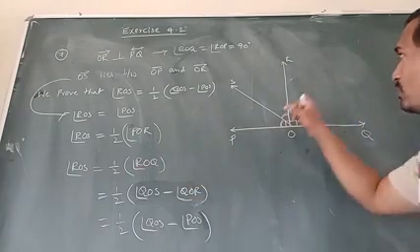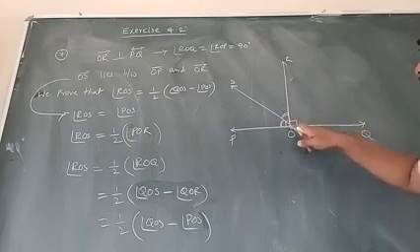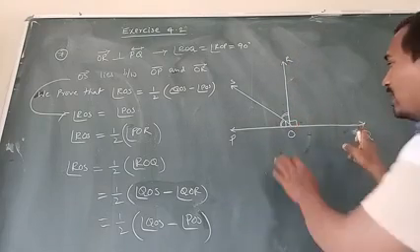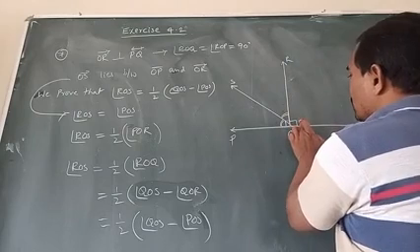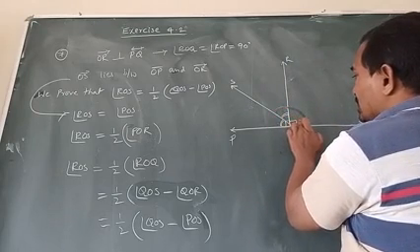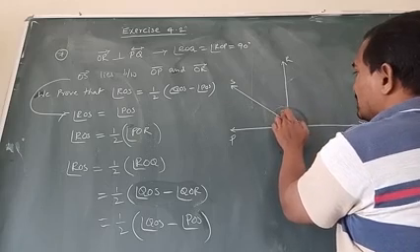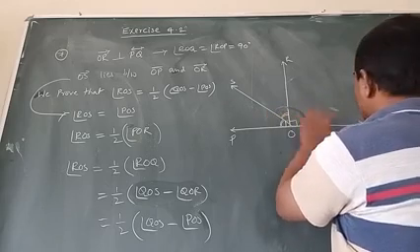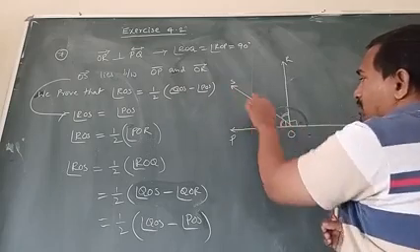Next, how can you write ROQ? We can write this angle as this total angle minus this. This total angle is QOS.